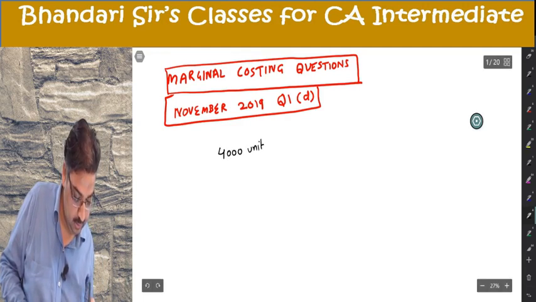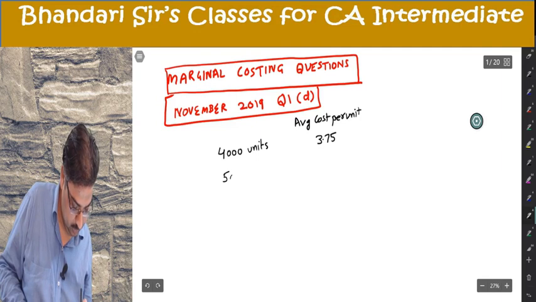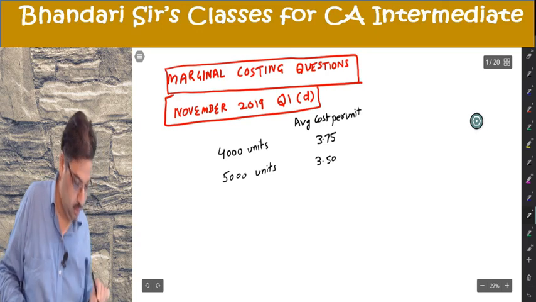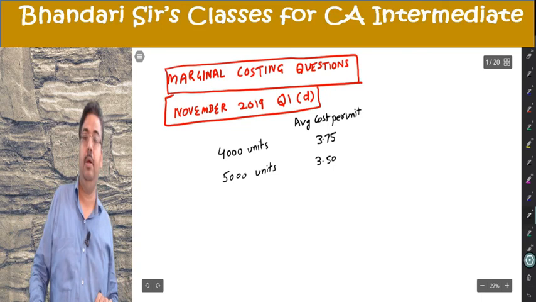First, I am given at 4000 units, average cost per unit 3.75. Then I am given at 5000 units, it is reducing to 3.50 per unit.